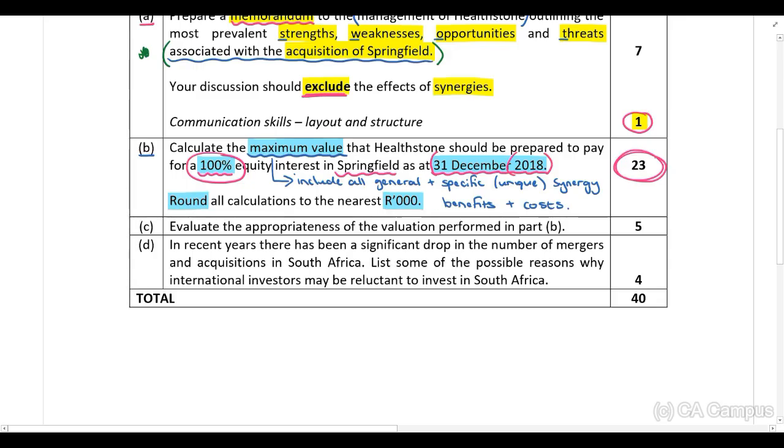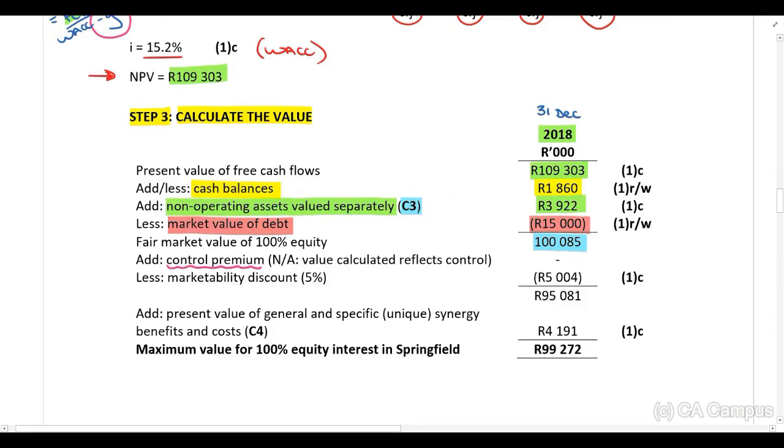So we are definitely valuing a controlling interest. However, the value calculated over here, because we are using the free cash flow method, the value calculated already reflects control. So you can't add a control premium because then you will be double accounting for it. So please note the value calculated already reflects control.